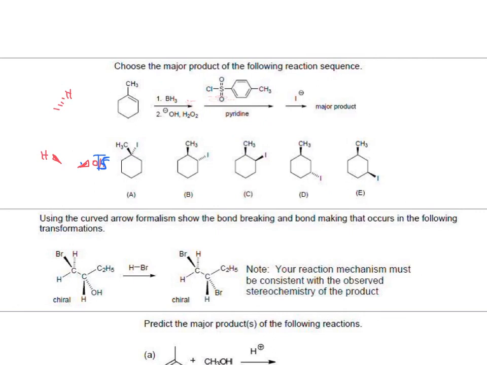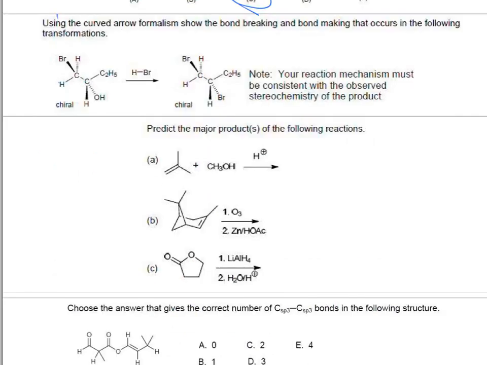So at any given point of time, the I and the CH3 should be in the same direction, and it looks like C would be the appropriate choice for that. Now the next one, you're probably not going to see something to draw because you have to go click, click, click for the final, but it's an interesting question.